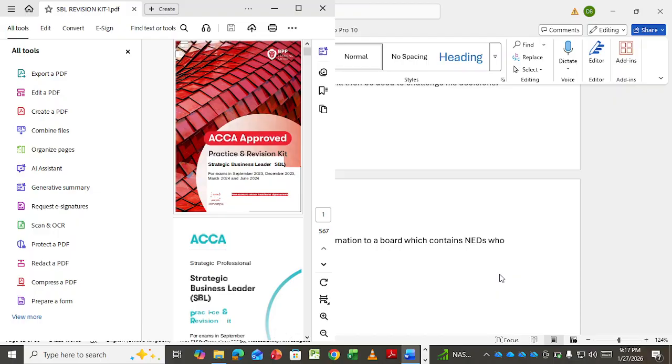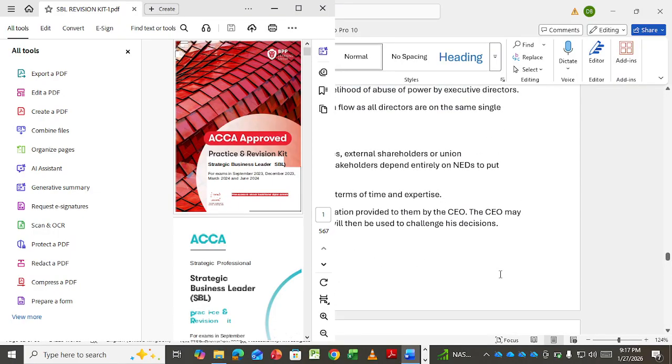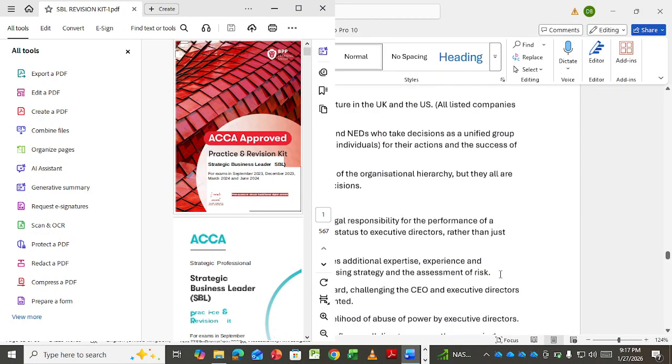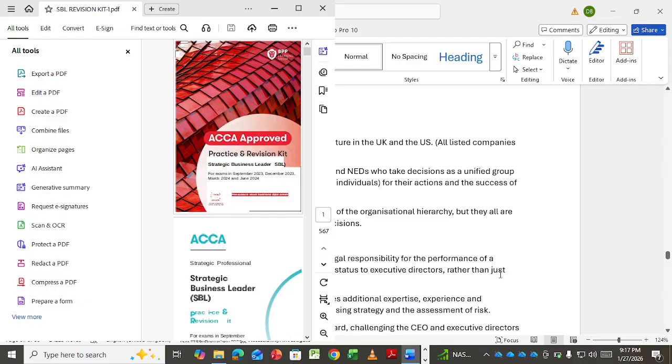So that is about the unitary board, which encourages hierarchy.